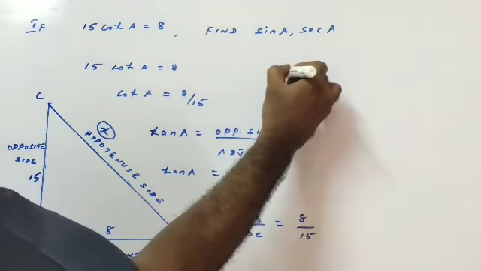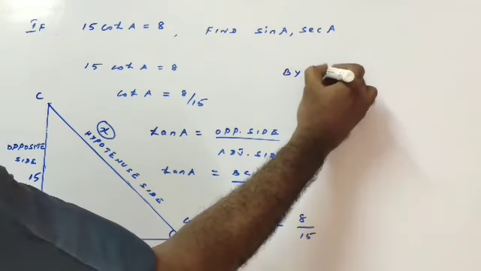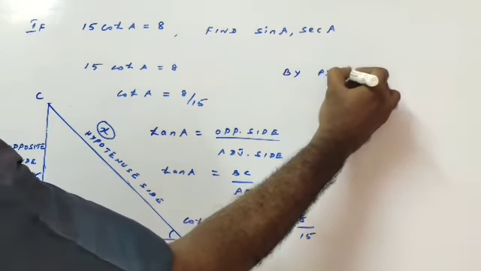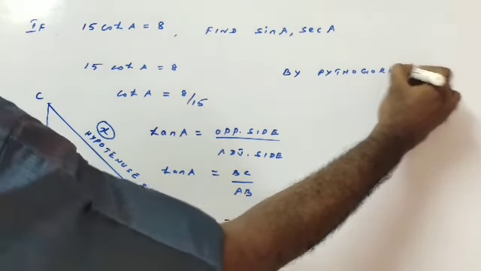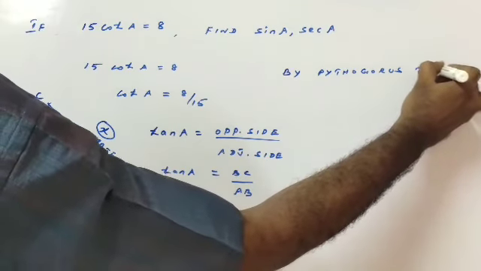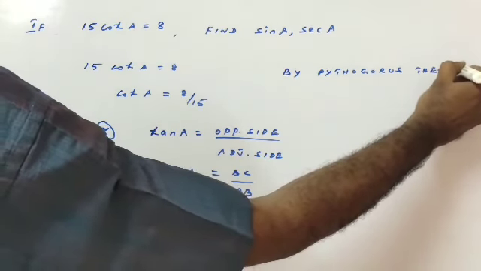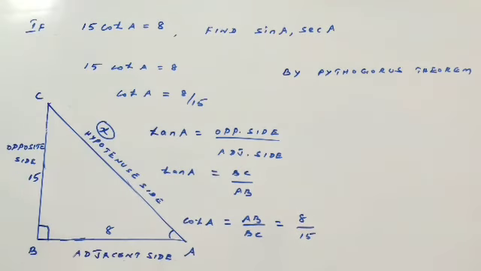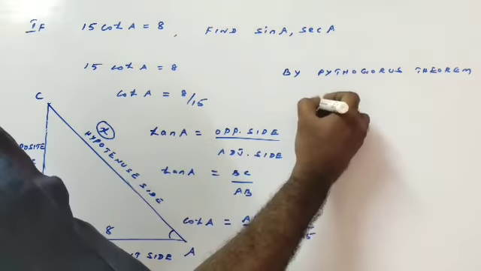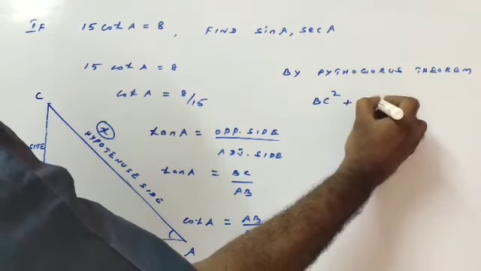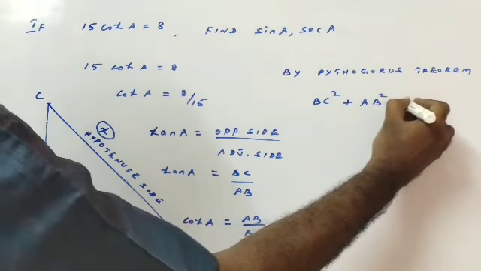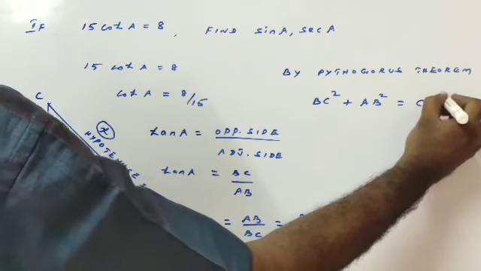Now by using Pythagoras theorem, opposite square plus adjacent square. So here opposite square is BC square plus adjacent square, that is AB square, equal to hypotenuse square, that is CA square.